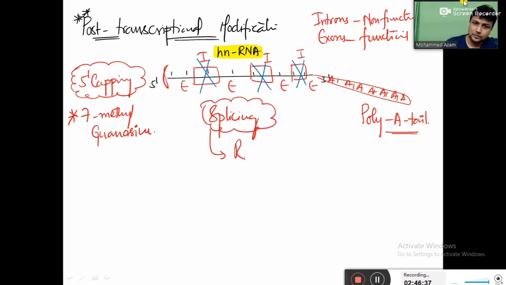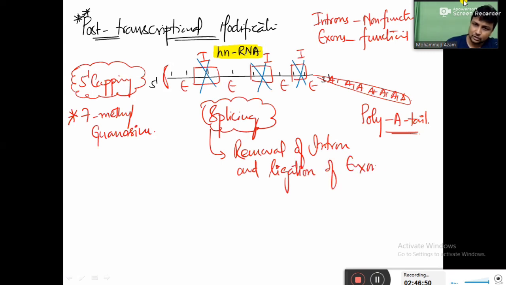Splicing means removal of intron and ligation of exon. And the important thing is it is done by enzymes, and those are known as spliceosomes.